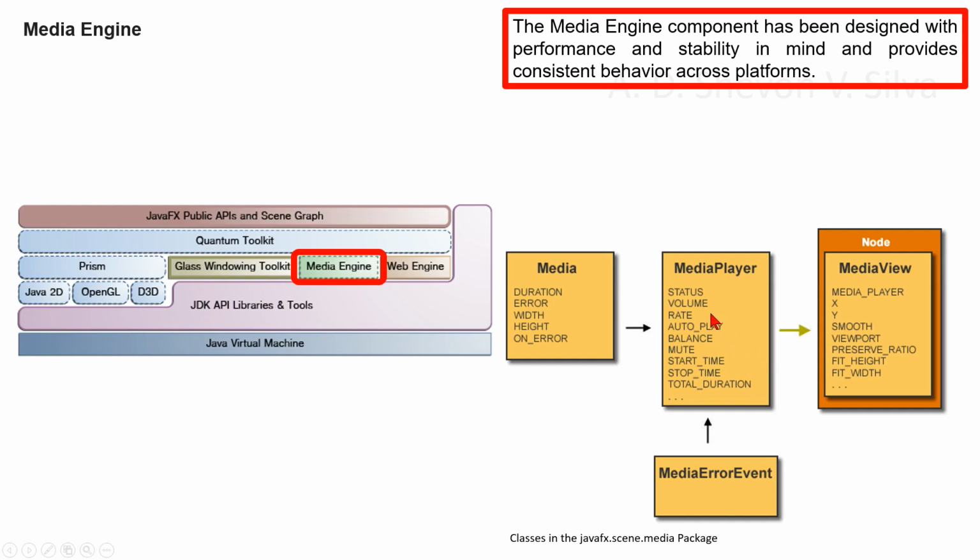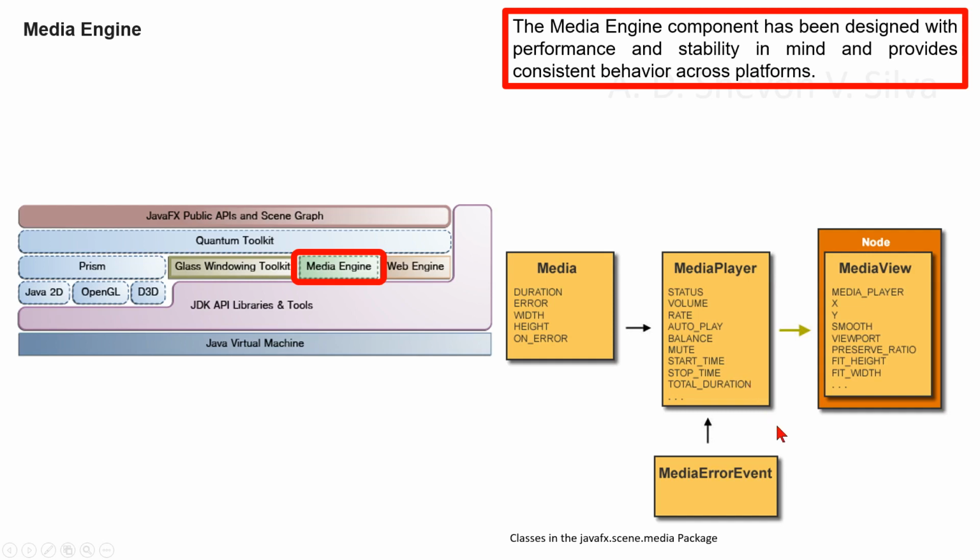Volume level range is from 0 to 1.0, the maximum value. The balance range is continuous from minus 1.0 on the far left, 0 at the center, and 1.0 at the right.